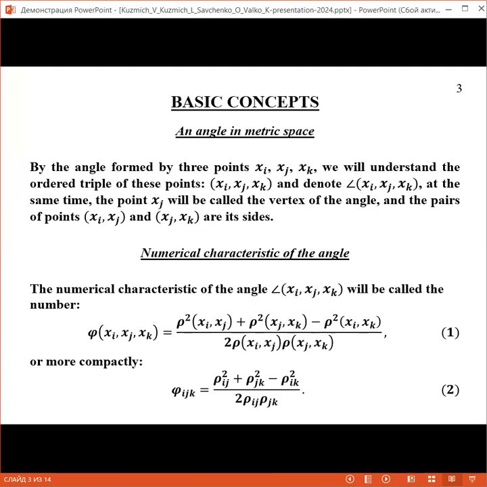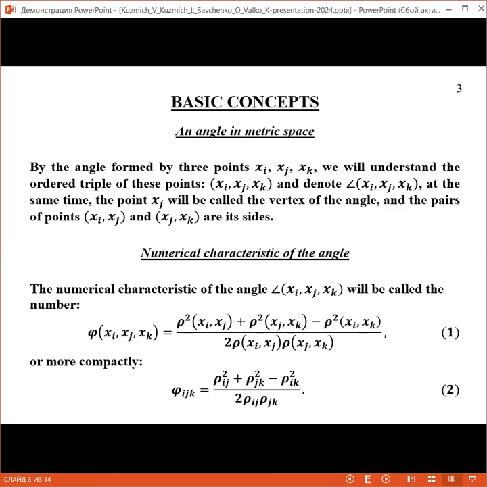The authors also use the concept of an angle in metric space and the concept of a numerical characteristic of an angle. By the angle formed by 3 points xi, xj, xk, we will understand the ordered triple of these points xi, xj, xk, denoted angle xi xj xk.